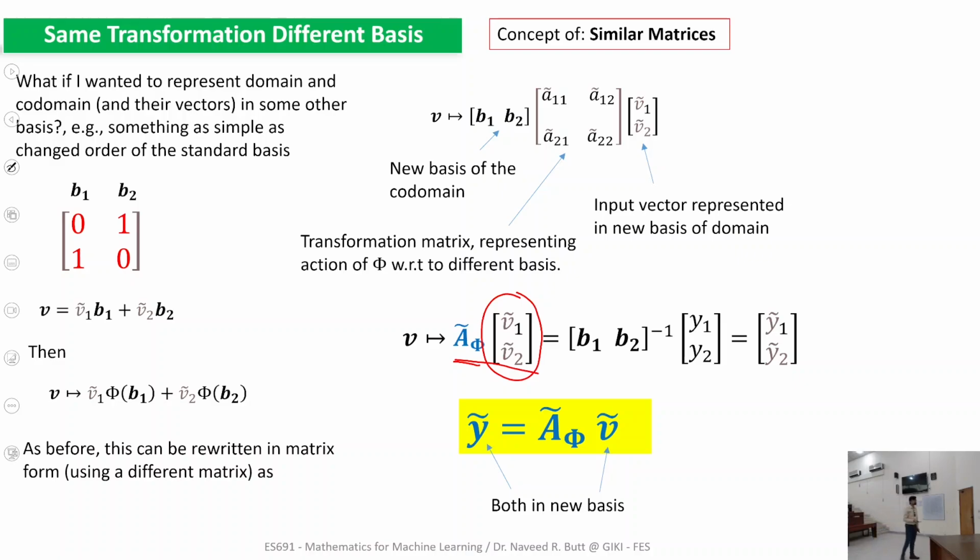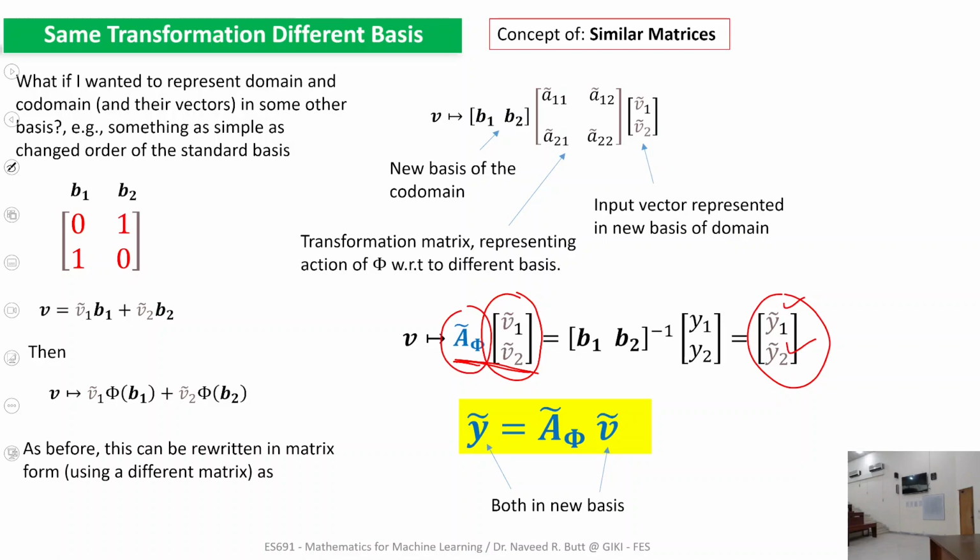Yeah. So again, it's not too hard to find this. This is your output. Essentially, it's happening the same way. The output represented in the new basis equals A phi tilde multiplied by the input represented in the new basis.